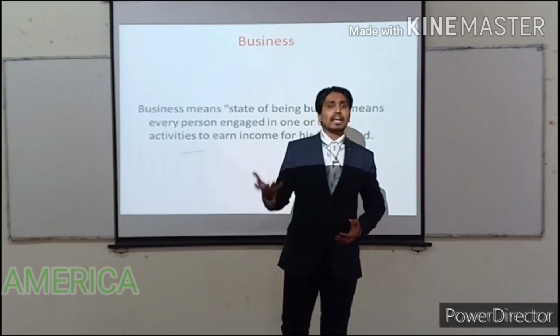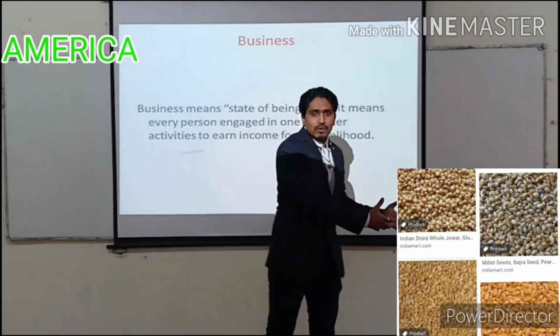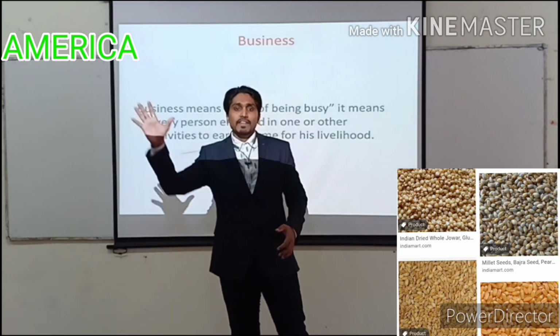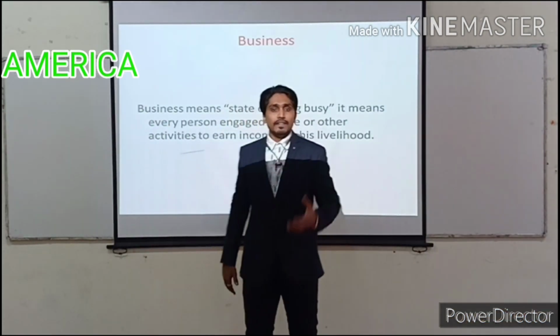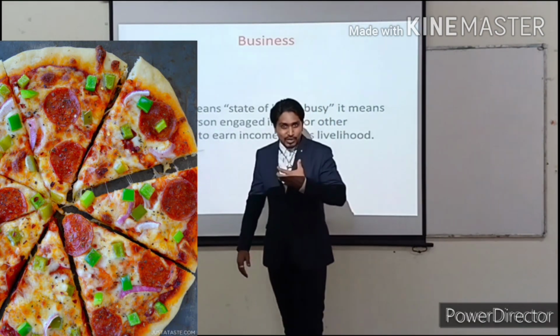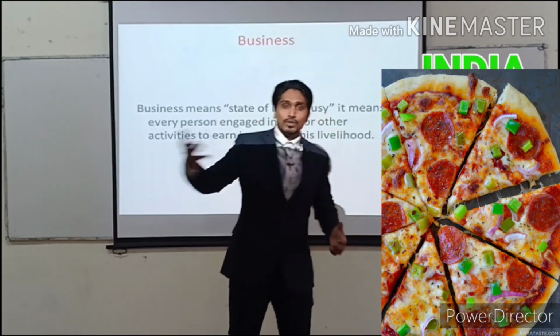For example, America, what is America doing? America is buying the wheat, jowar from India and getting finished product in their home country, America, that is pizza. So America is selling the same pizza to us and we are consuming the pizza. Our cash is going out.